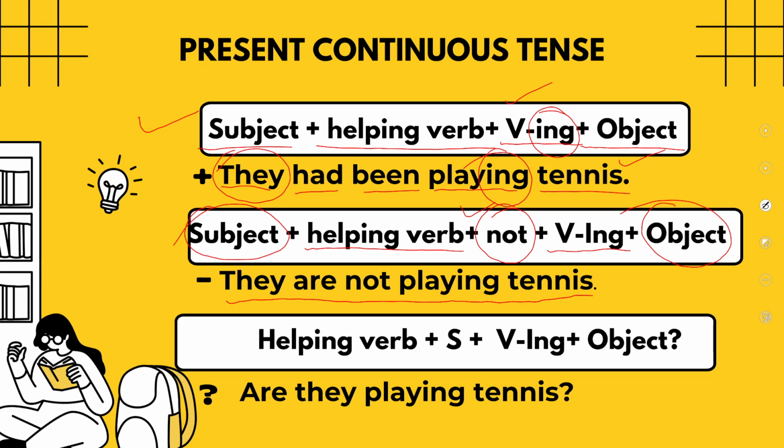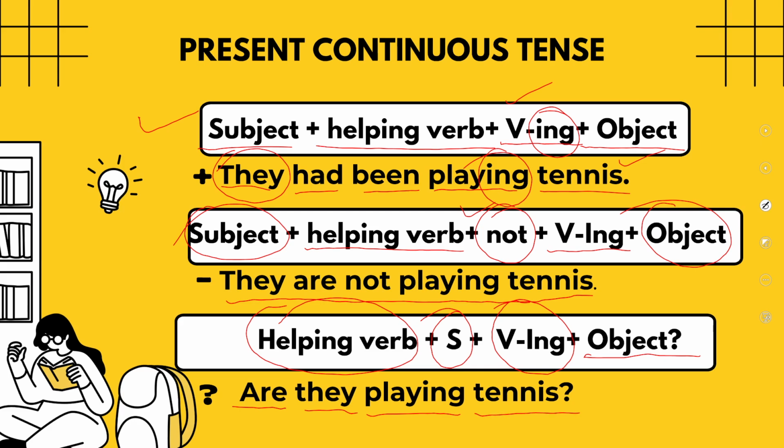To make an interrogative sentence in the form of present continuous tense, you will first write the helping verb, then the subject, then the verb with ing and followed by the object. Let's look at an example. Are they playing tennis?